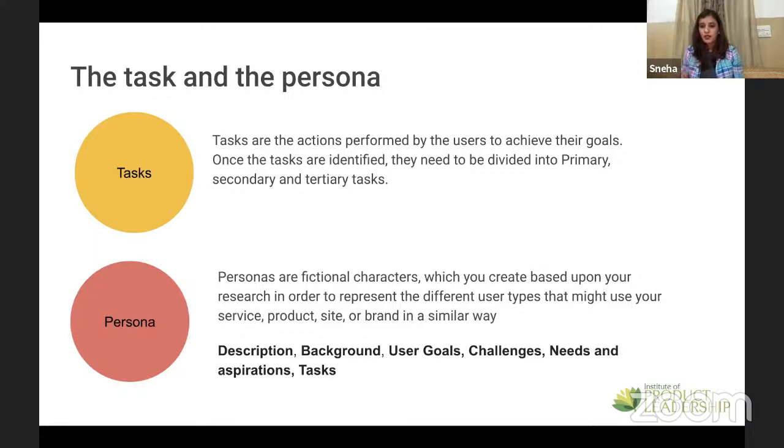And personas are basically an identity we create for a larger section of society, or a larger group of audience that we're creating this for, addressing their pain points, challenges, needs, goals, motivations, aspirations, different scenarios that they work in, and things like that.